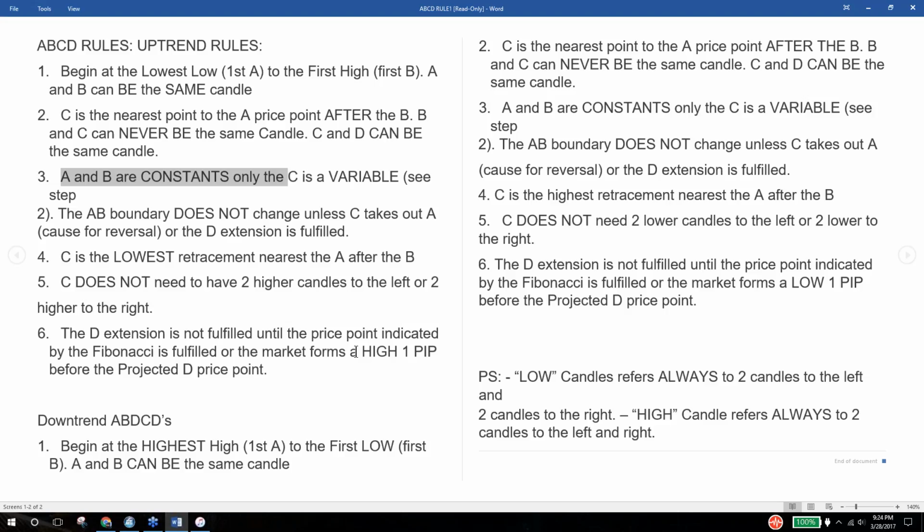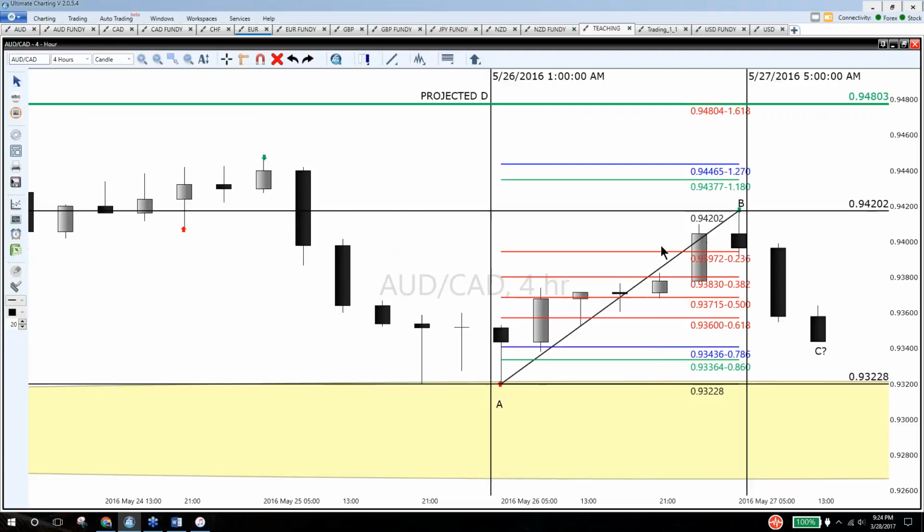But traders, and this is something that gets traders all the time, the AB boundary will not change for any other reason. Traders that have just learned about the ABCD Fibonacci's in the Ultimate Traders package will sometimes see a situation where the market creates a higher high, higher than the B, and they will assume that this is an A, B, C, D. And so they will either be looking to draw a new AB boundary, or they will even resize the current AB boundary.